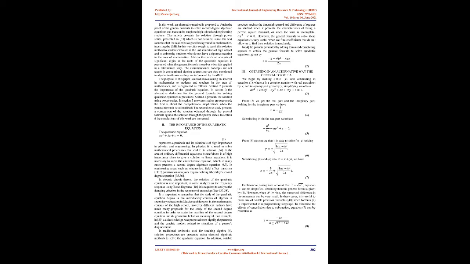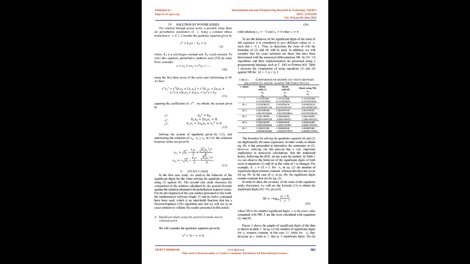Now consider x equals x0 plus x1 epsilon plus x2 epsilon squared plus so on. Using the first three terms of the series and substituting in 9, we have an expression that, equating the coefficients of each power of epsilon, gives the system of equations 12.